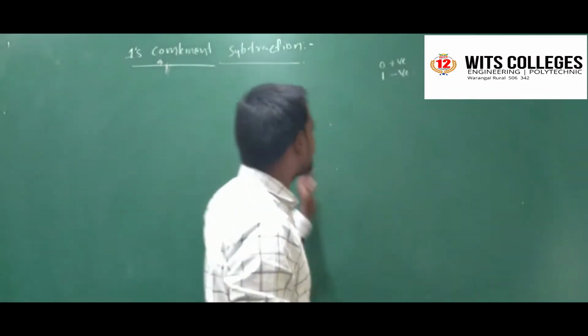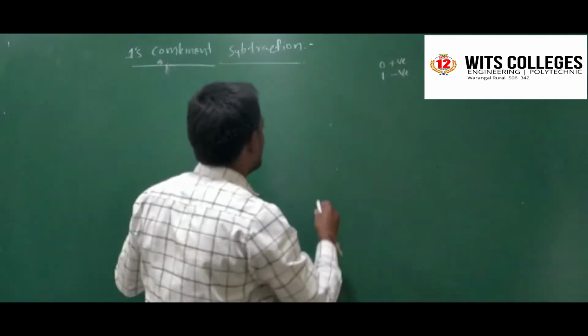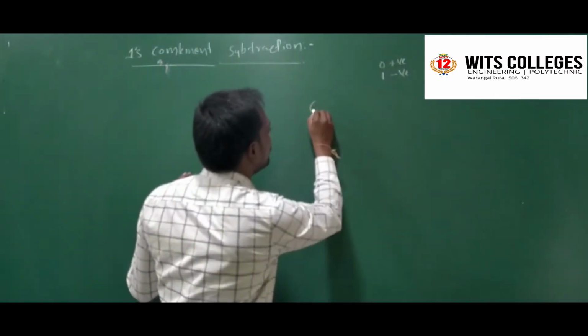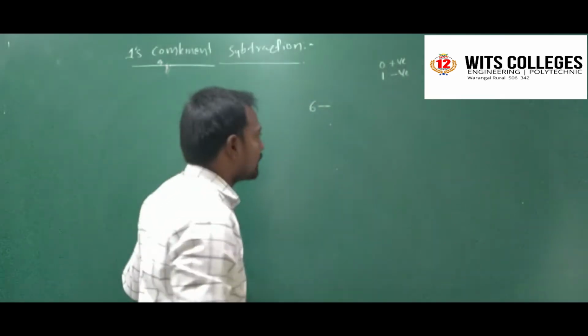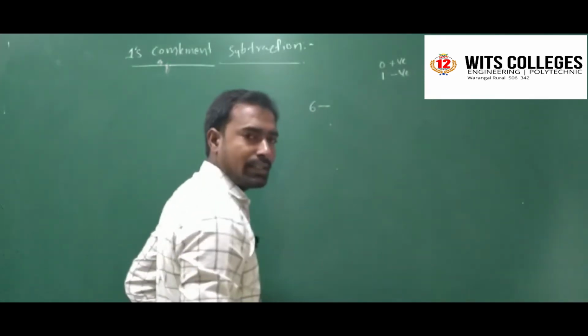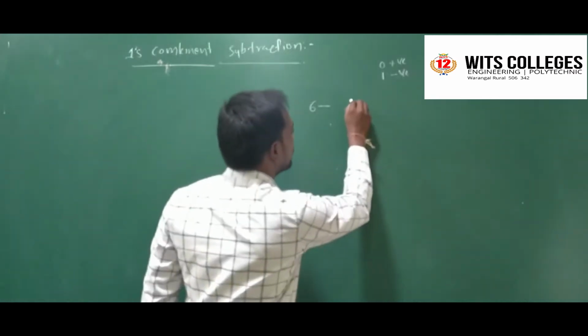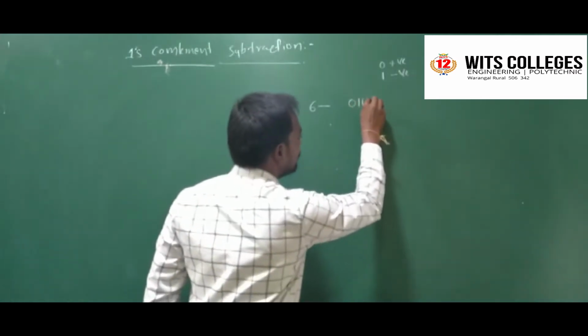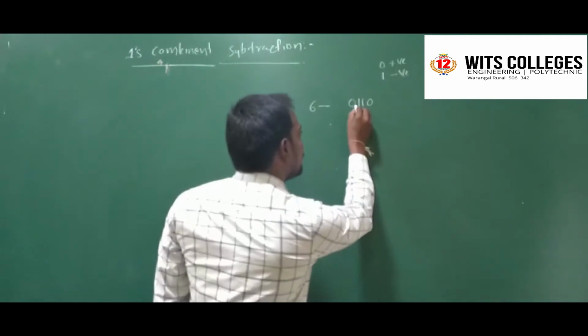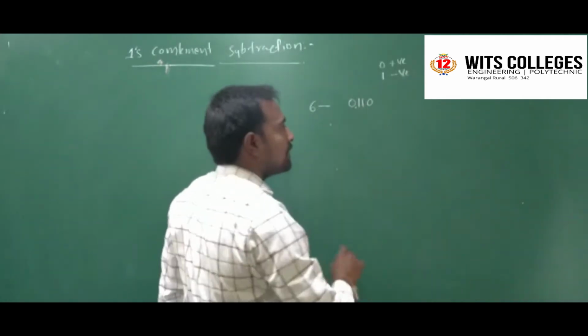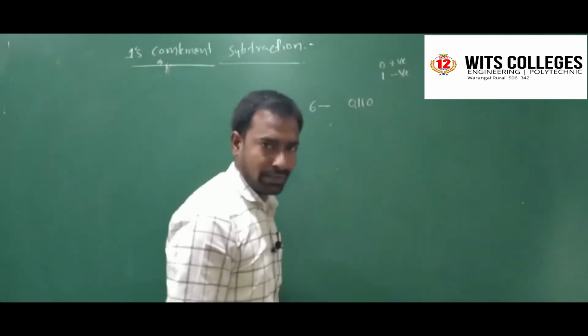For example, I am taking one binary value that is equivalent to the decimal value 6. The 6 is indicated in binary as 0110. This is a positive 6.